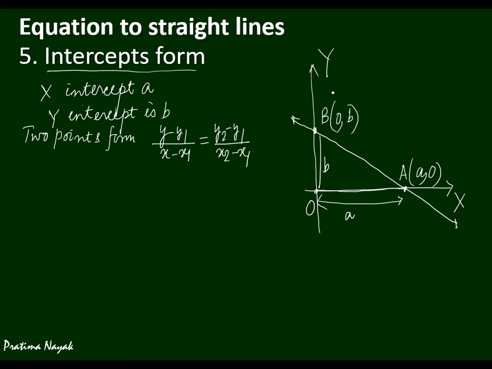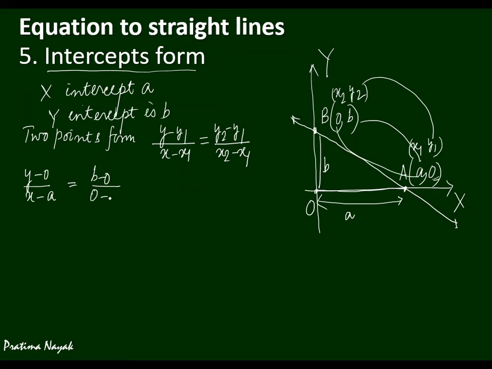So I'll take x2, y2, x1, y1 and put in the formula. So I'll write y minus 0 upon x minus a is equal to b minus 0 upon 0 minus a. Or I'm getting y by x minus a is equal to b by minus a.